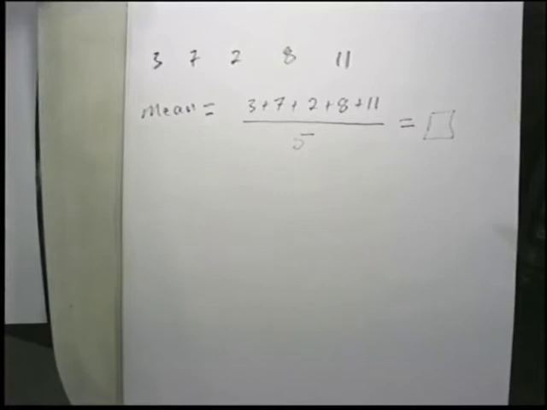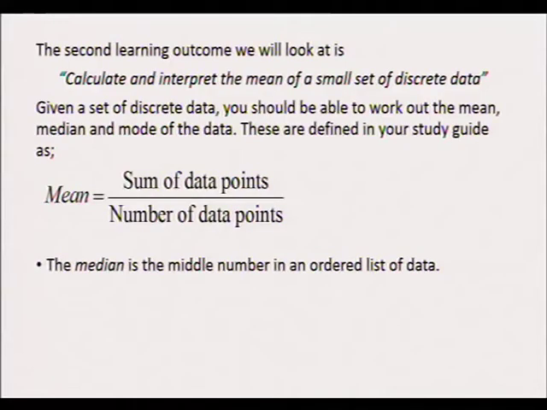And then we talk about the median. Okay? The median is defined as the middle number in an ordered list of data. There are 2 things that you need to do here. If you look at this definition, the first thing is that you need to order the list of your data. Okay?